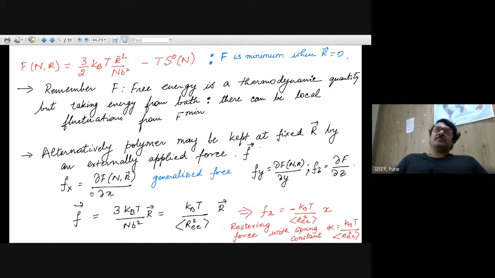So when we talk about the pressure, we also talk about del F del V. So this is corresponding to that. So it's the generalized force, if you like, and then you can similarly write down: if you want to maintain the end-to-end distance at a finite non-zero value of Ry, then the force that you have to apply is Fy equal to del F del y, and here the force is del F del z, right?